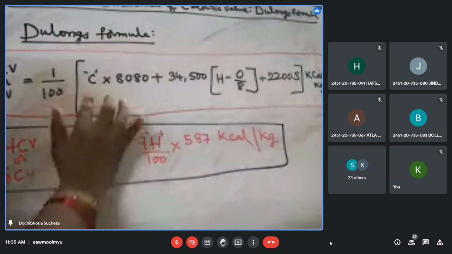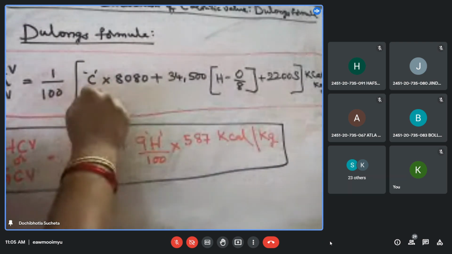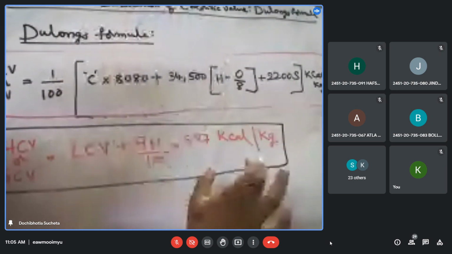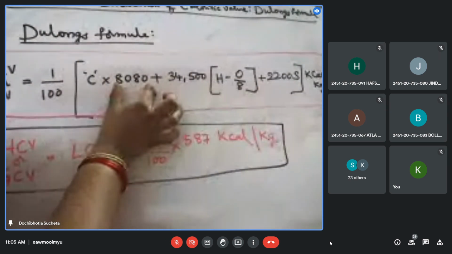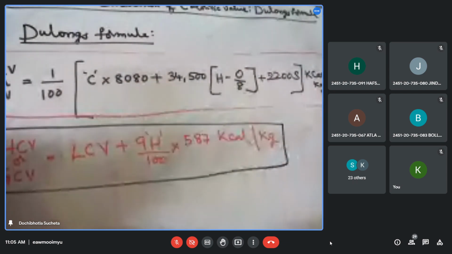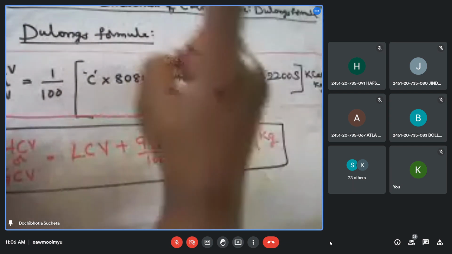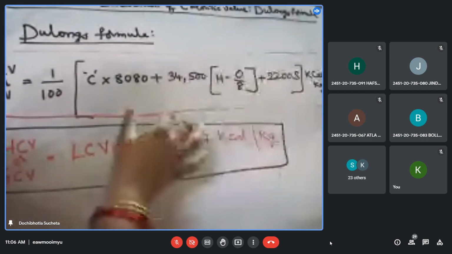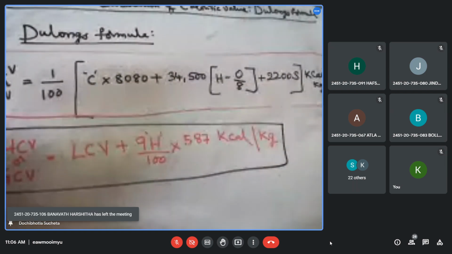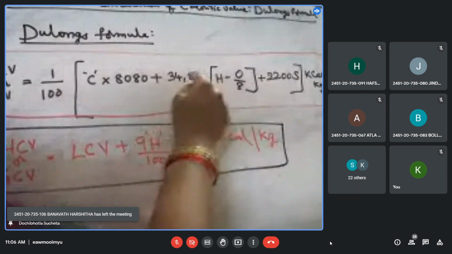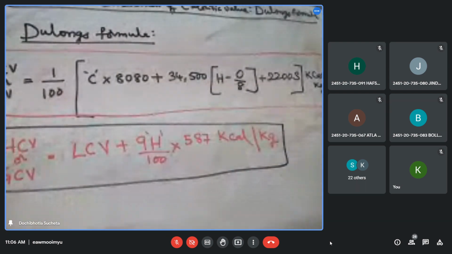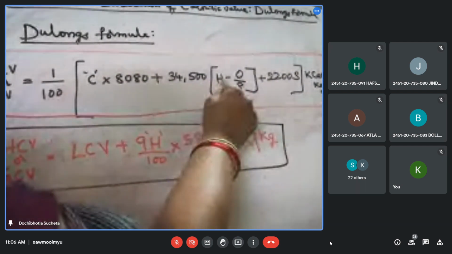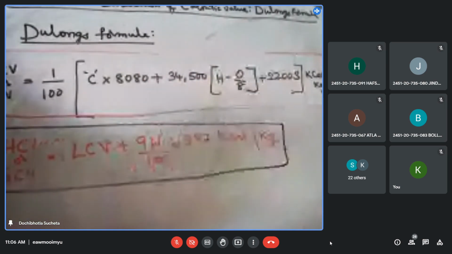Just now I told you here capital C is the percentage of carbon that is present in the fuel. 8080 is the calorific value that is obtained by burning 1 kg of carbon in a bomb calorimeter, that means in a closed vessel. Here 34,500 is the heat energy that is liberated by burning 1 kg of hydrogen, available hydrogen.